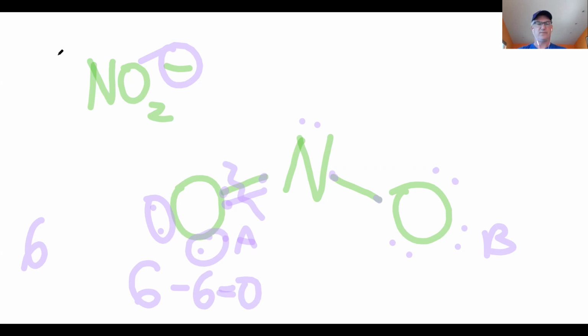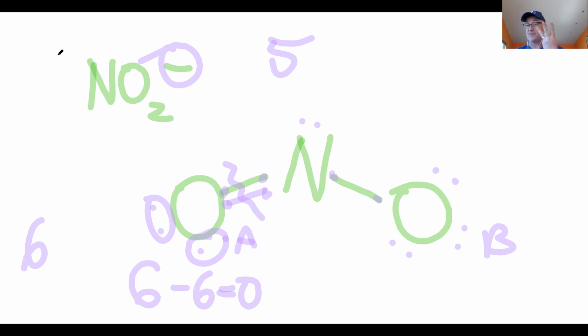Now the nitrogen, how many valence electrons should nitrogen have? 5. Should have 5. How many does this nitrogen have? 5. It does. Yeah, there's 3 bonds.